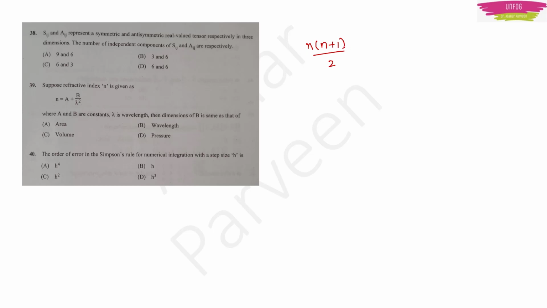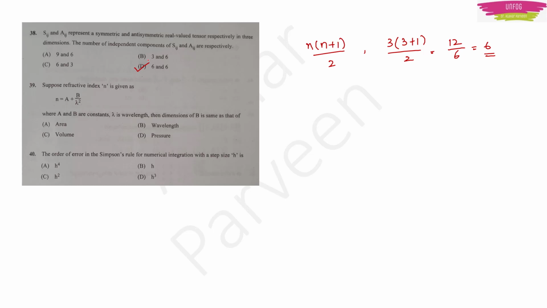Because they say both the symmetric and antisymmetric real valued tensors belong to 3 dimensions, you can use 3 for both. So 3 into 3 plus 1 by 2 is 3 fours are 12, 12 by 2. It will be 6 independent components. So option D will be the right answer.